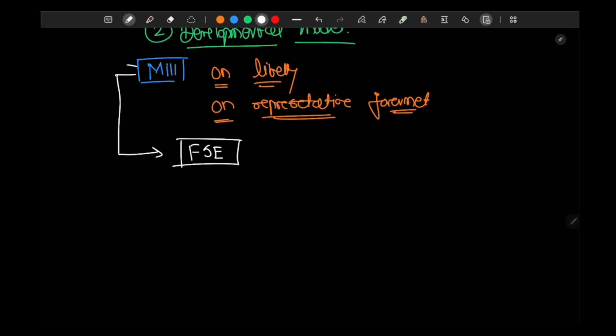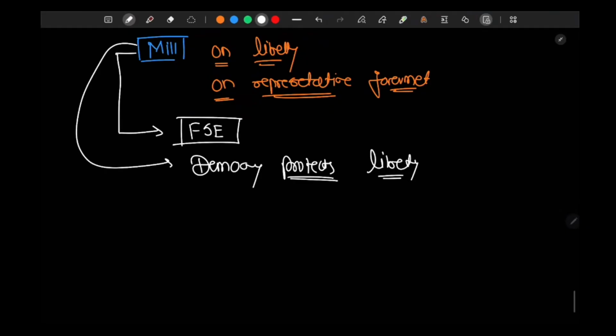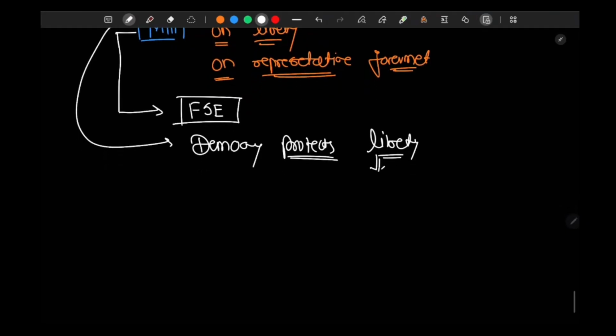Because according to Mill, democracy protects liberty, and liberty will lead to development.